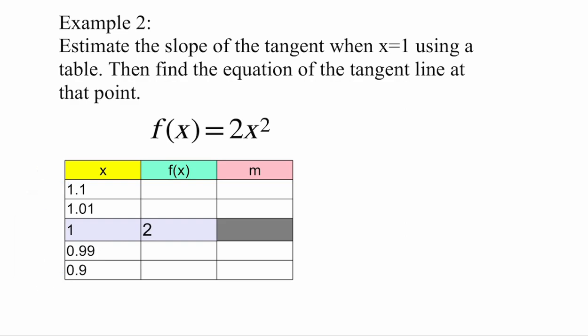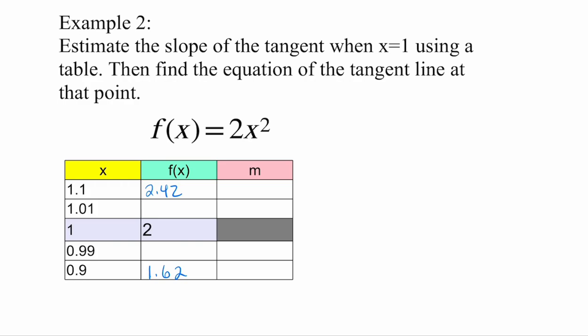Okay, so we're going to do these two. So if we do 2 times 1.1 squared, we get 2.42. If we get 2 times 0.9 squared, we get 1.62. So now let's do 1.01.